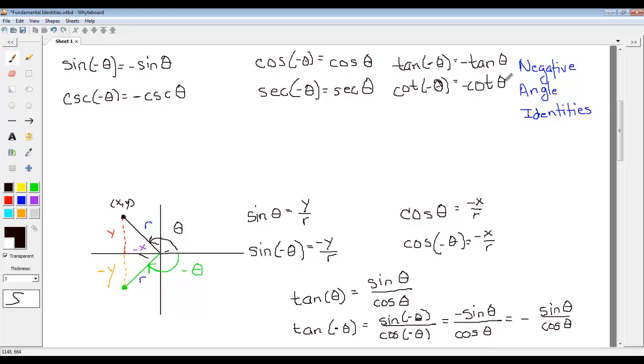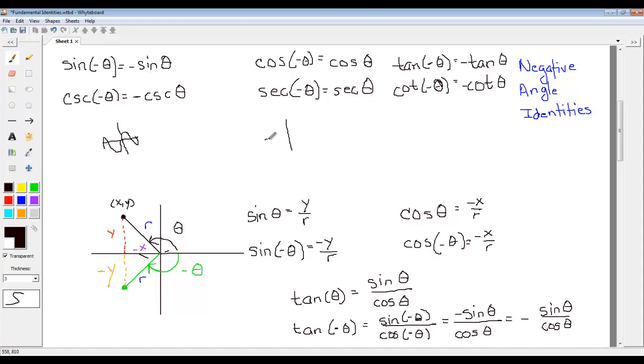But we kind of already knew that too because of our graphing. Remember when we graphed sine, it went like this. It had that origin symmetry. If you started rotating around the origin, had that origin symmetry. So it's a nice odd function. And an odd function, your f of negative x is going to equal negative f of x.